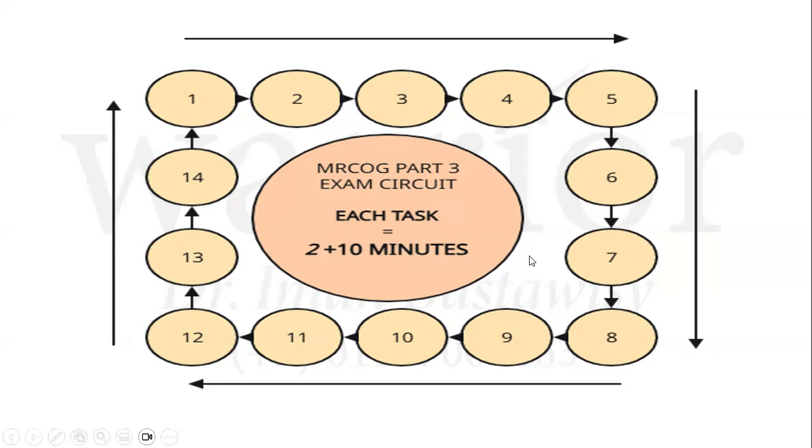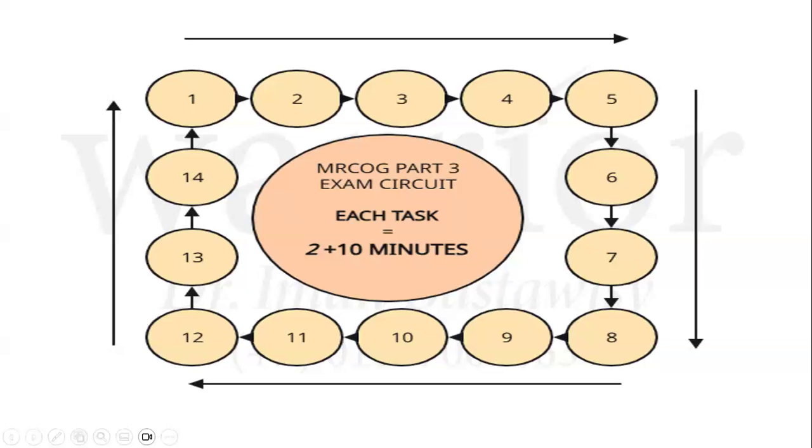All right. So in the 2 minutes you spend outside the cubicle with your case notes, a bell will ring and you will be allowed to start communicating with the role player or the examiner for 10 minutes. So 2 minutes outside, 10 minutes inside, and then the bell rings.